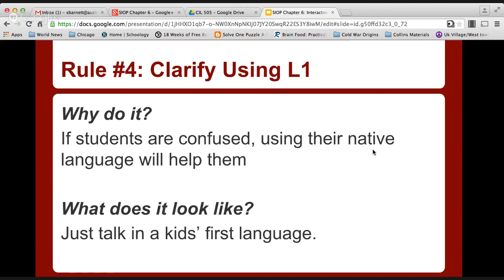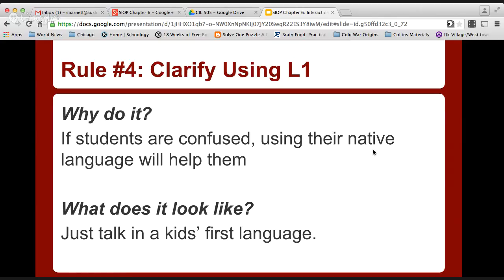There's apparently academic research on whether or not L1 use is really super beneficial. The SIOP model says learn the native language. If you're in a classroom full of Spanish speakers, for instance, it's quite all right, if they're lost, to talk to them in Spanish to help them understand a concept, a process, whatever it may be.